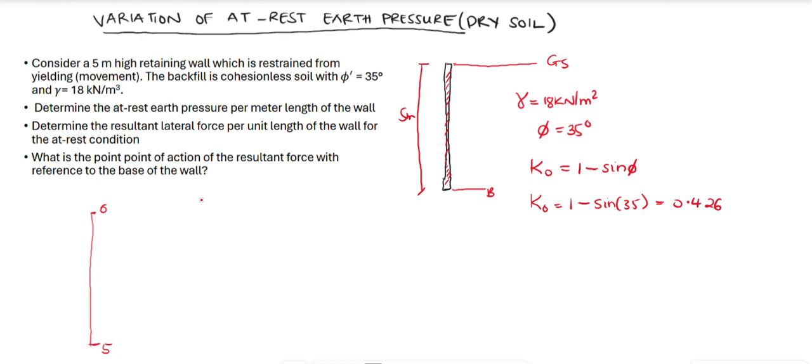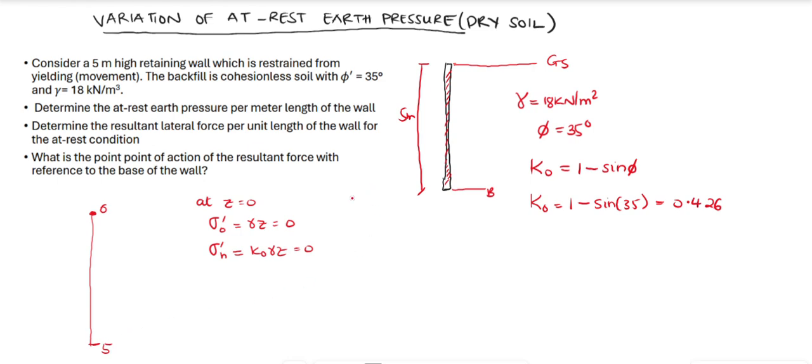So at z equal to 0, our effective geostatic stress is equal to gamma z, which is 0. And our at rest earth pressure is going to be K naught gamma z, and that is also going to be 0. So at the top of the retaining wall, we are going to have 0.